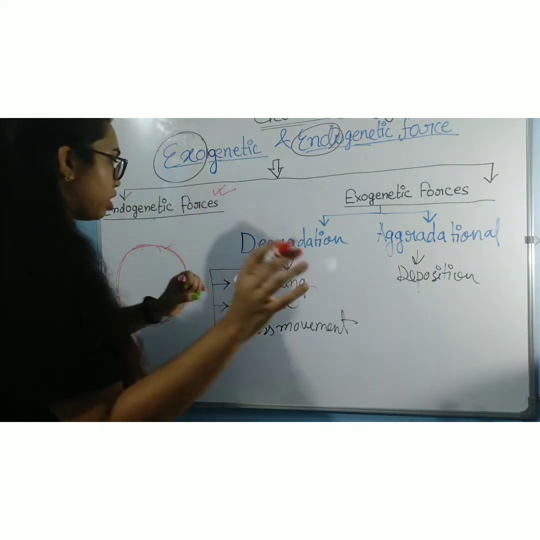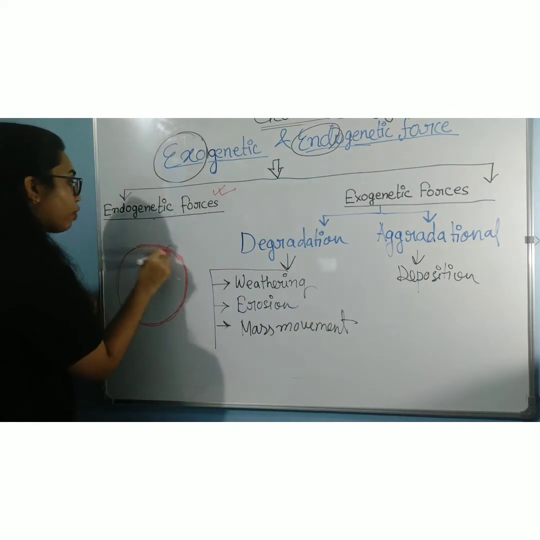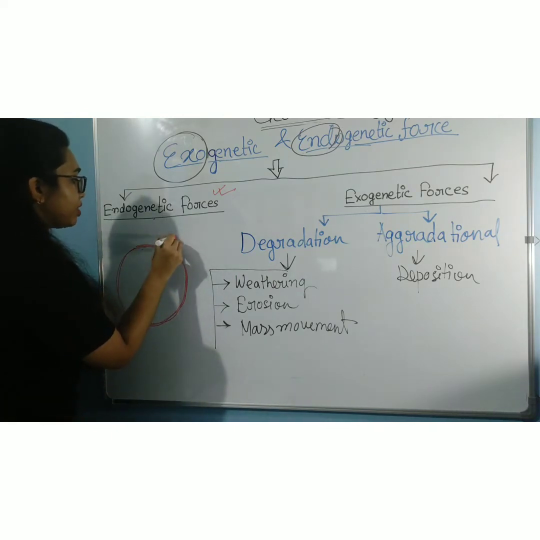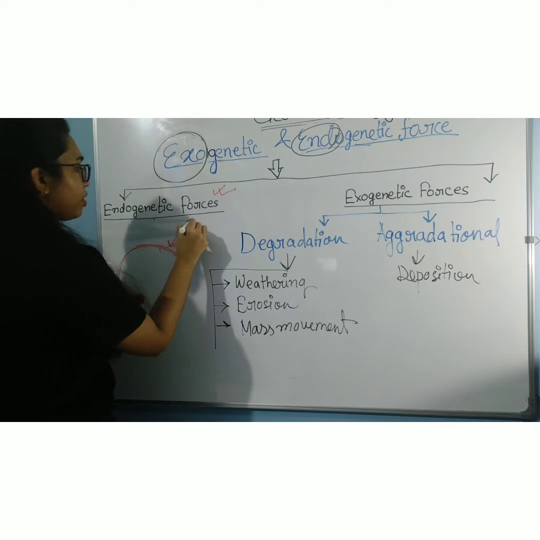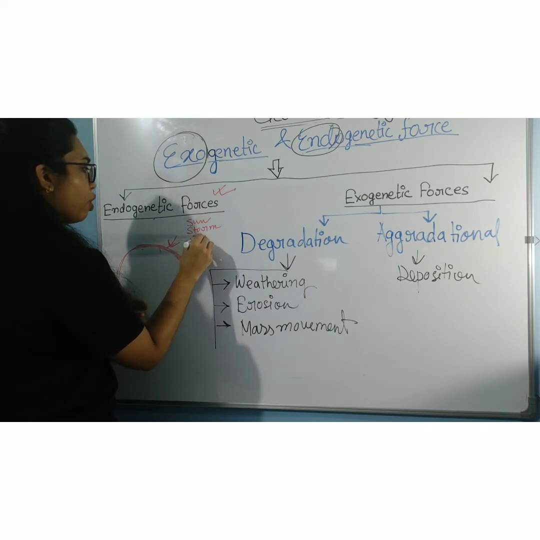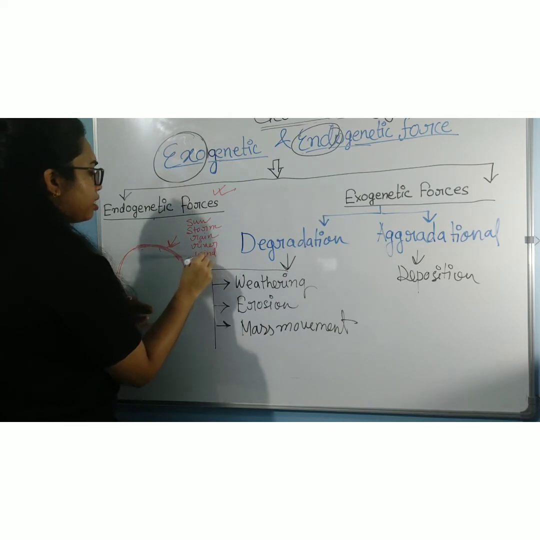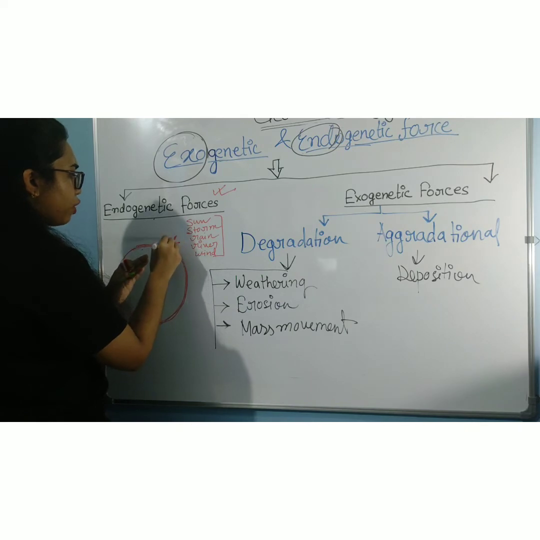What are these forces? The surface or crust of the earth is made of different types of rock. There are forces like sun ray, storm, rainfall, riverine action, wind. These types of forces work on the surface of the earth.